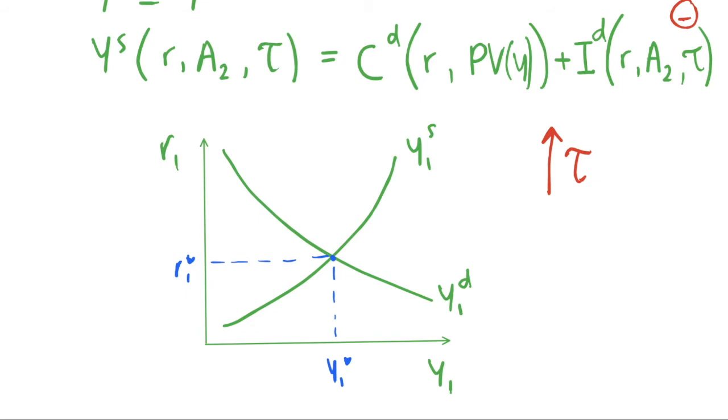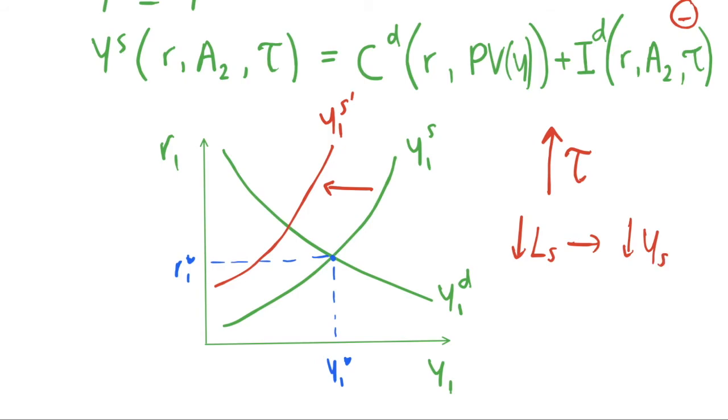So the firm is going to cut back on its labour, and so we have a reduction in labour supply. We have a reduction in supply in the economy overall. So we have this shift, and this comes from a reduction in labour supply, and so we have a reduction in output supply.